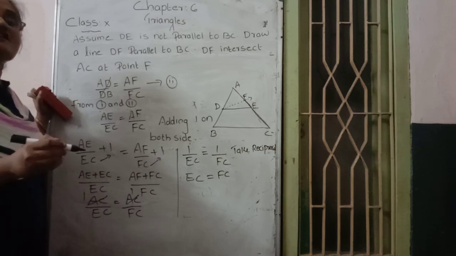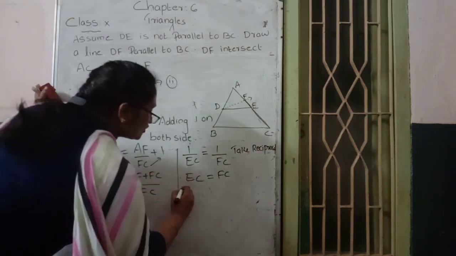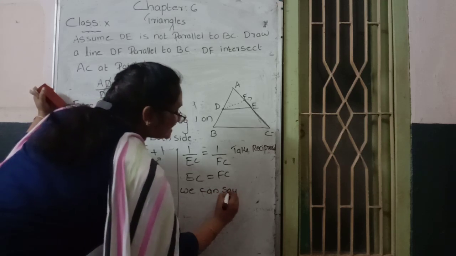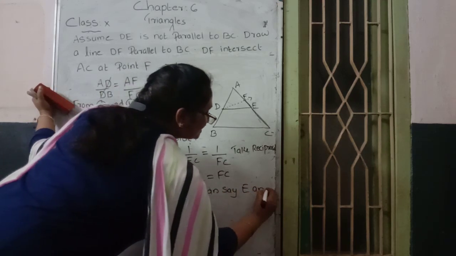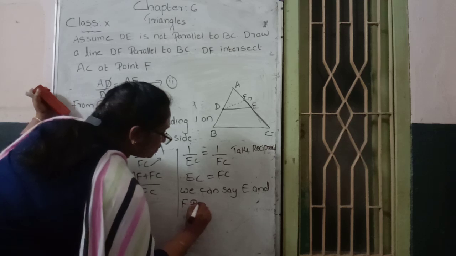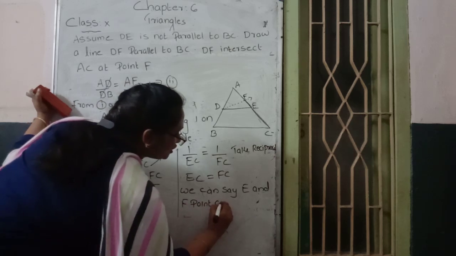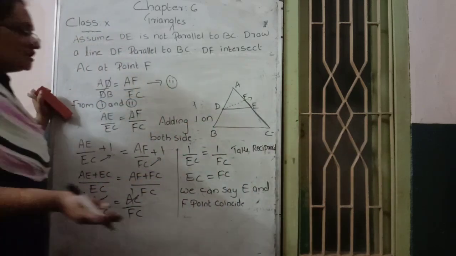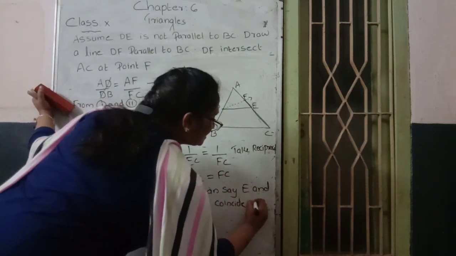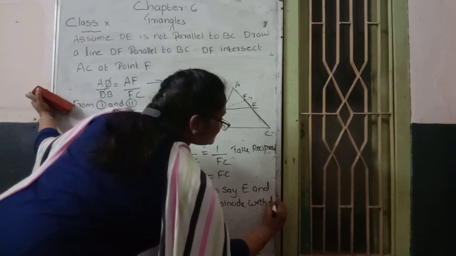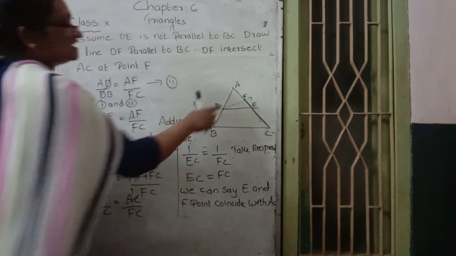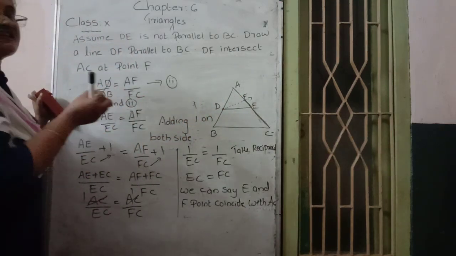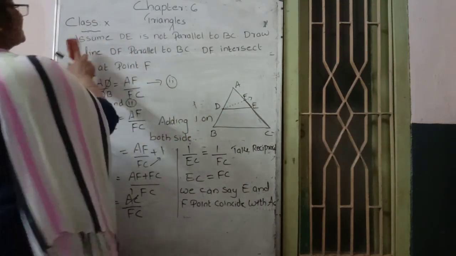So we can say that E and F points coincide, they are touching. Coincide with which side? The AC side. That is the reason E and F points coincide here with the AC side.